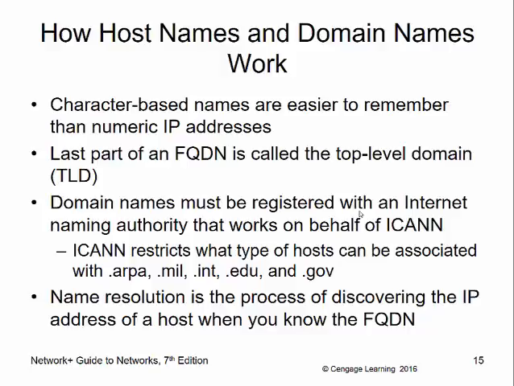It refers to a company. It refers to whatever, even individuals, right? If I'm Acme Incorporated, I'm going to register Acme as a domain name so people can find my web server. The combination of the host name and the domain name is called a fully qualified domain name. FQDN. And this is what a URL is. That's how places on the internet are found.